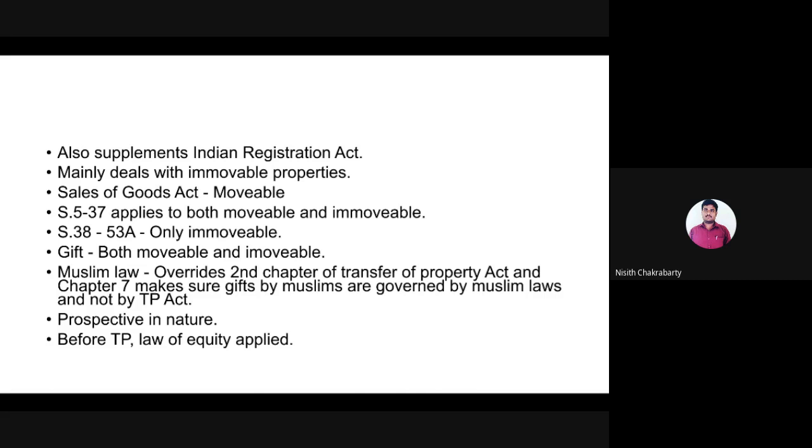But we also have to know that the Sale of Goods Act is the one dealing with movable properties per se only. Sections 38 to 53A deal with only immovable property, and the gift chapter of the Transfer of Property Act deals with both movable and immovable property.